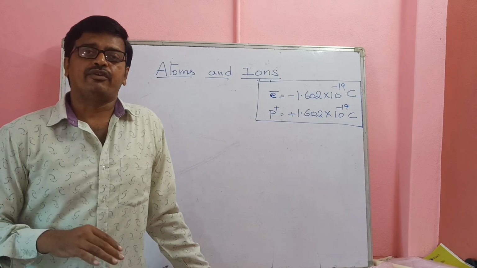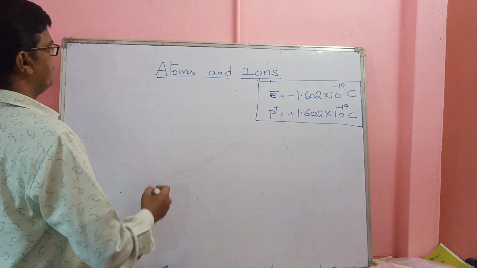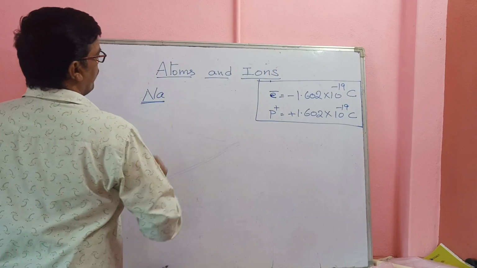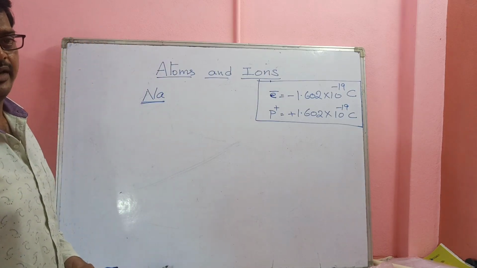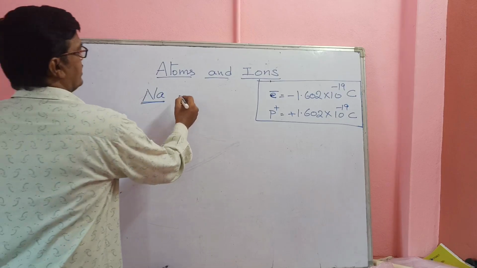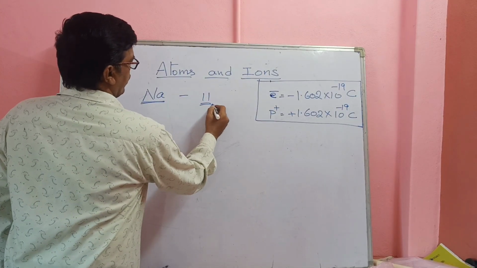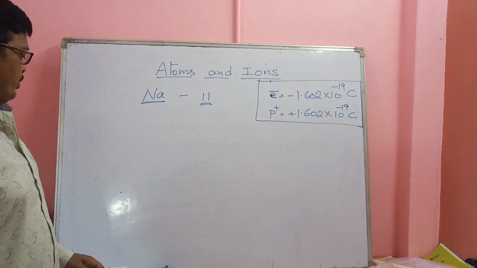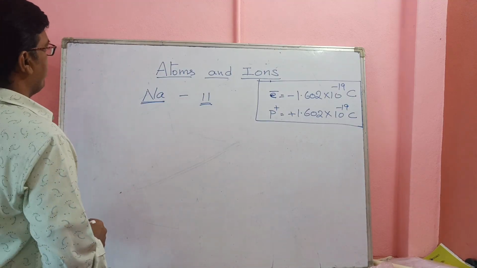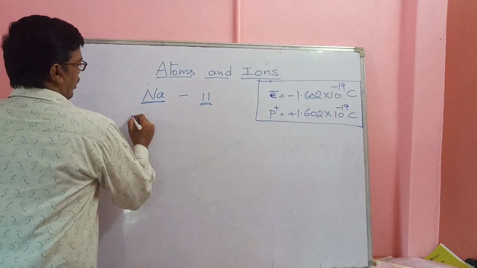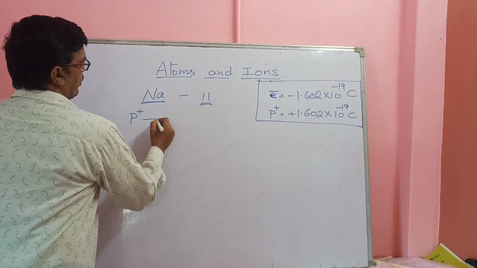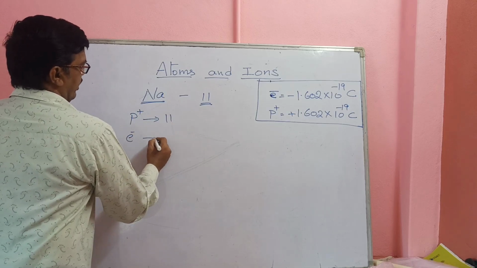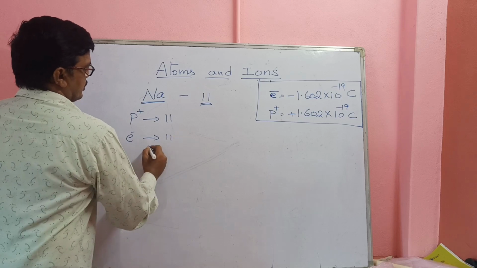For example, take the sodium atom. Its atomic number is 11. So the sodium atom has 11 protons and 11 electrons.